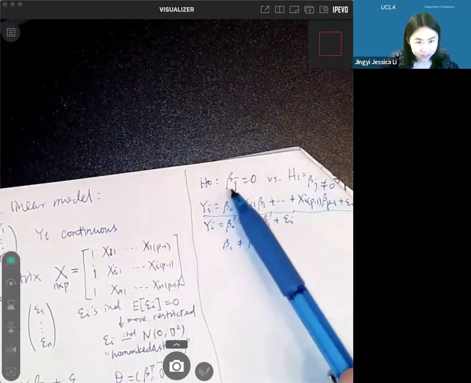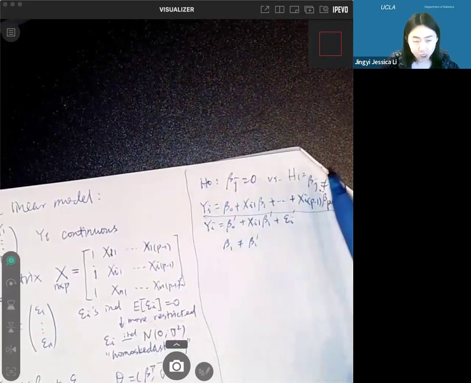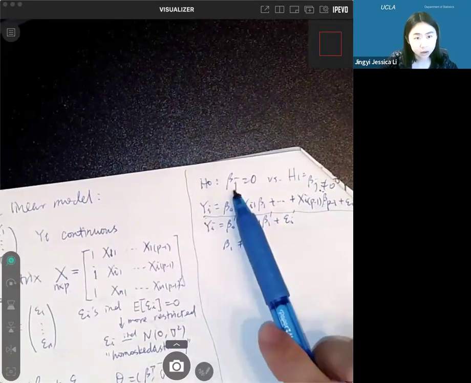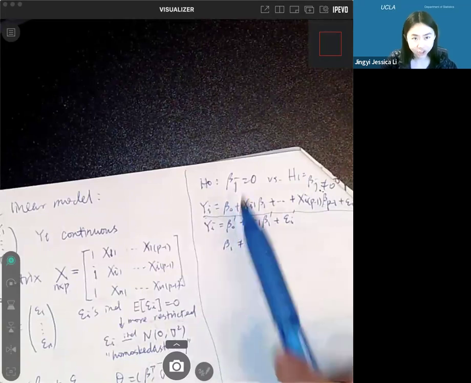First, the hypotheses: null hypothesis and alternative hypothesis. You need to set it up. Second, the test statistic. What would you use as a test statistic? In this case, a natural choice is to use an estimator of beta j.